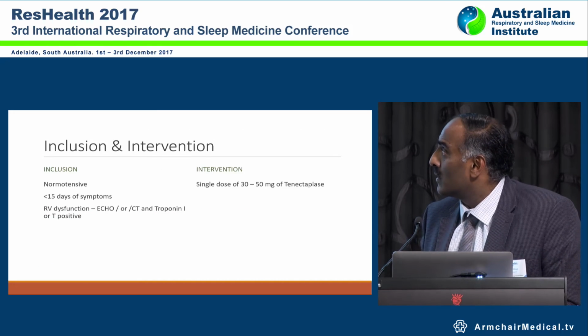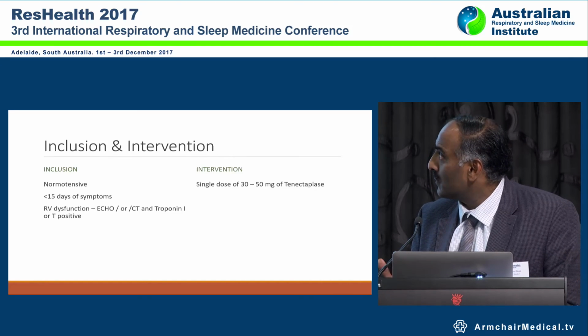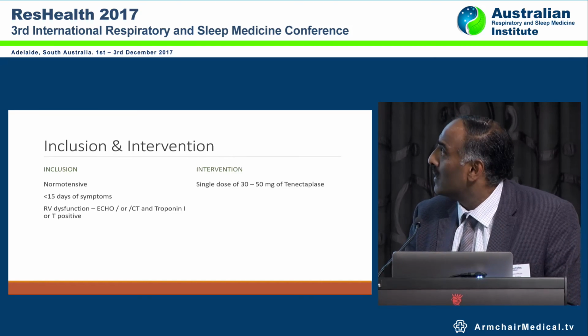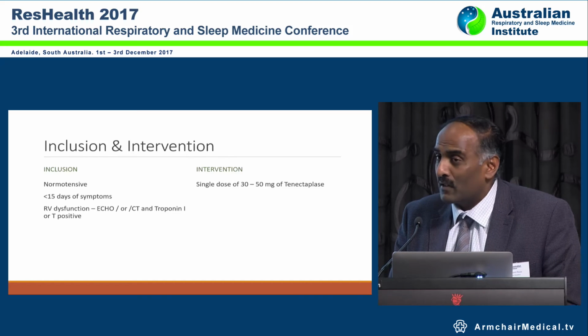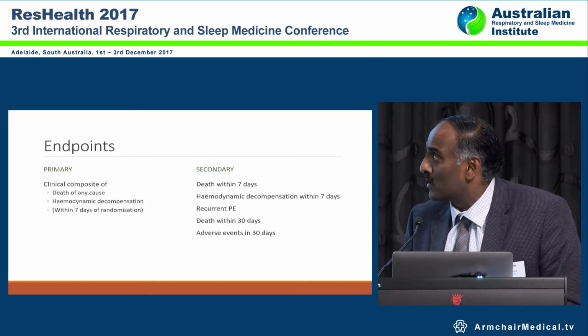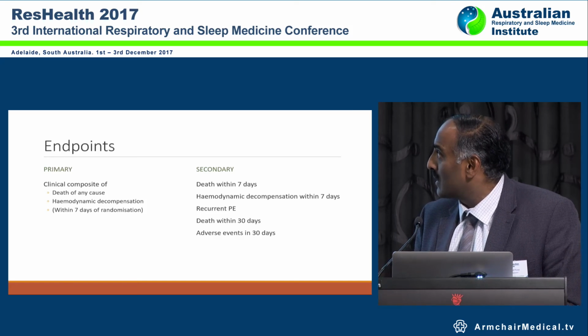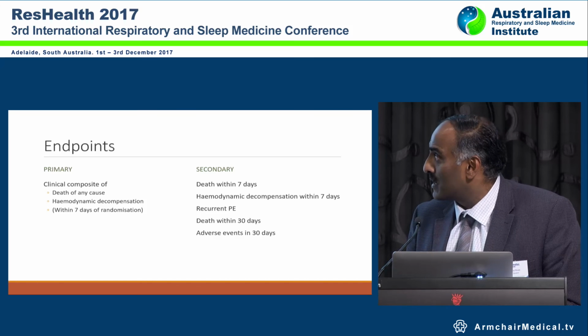So they included normotensive patients, with less than 15 days of symptoms, and with RV dysfunction, and who were troponin T positive. A single dose, 30 to 50 milligrams, of tenecteplase was used. They looked at primary endpoints. The composite was death or hemodynamic decompensation within 7 days of randomization. Secondary, death within 7 days, and adverse events in 30 days.